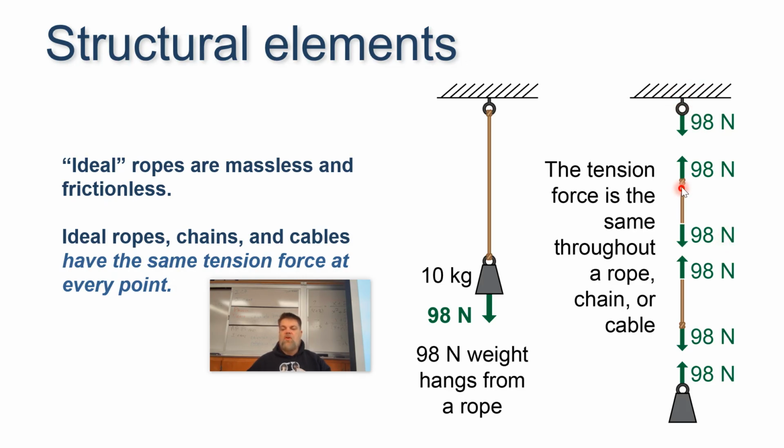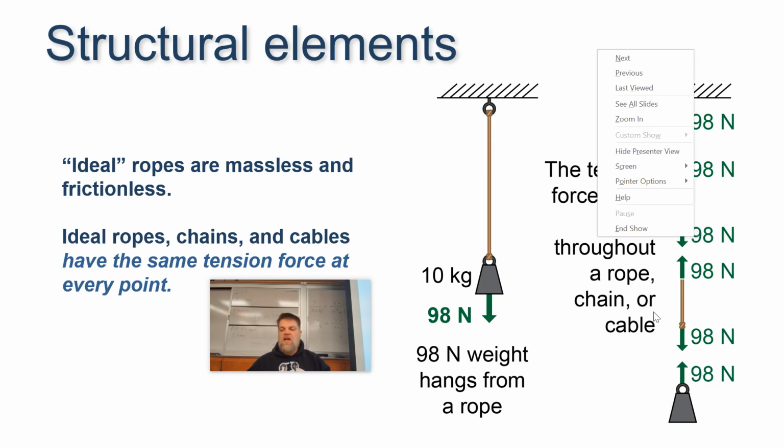Then if you look at the rope, it has 2 connections. This connection right here is being pulled at 98 newtons, okay? But it's also being pulled downward at 98 newtons.